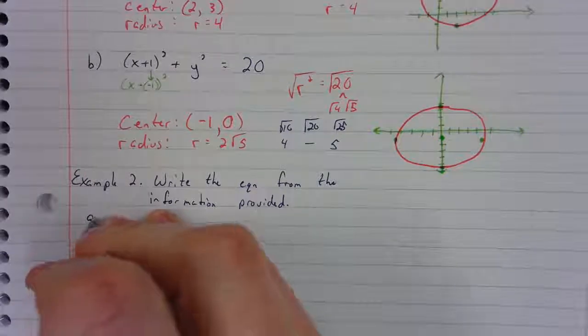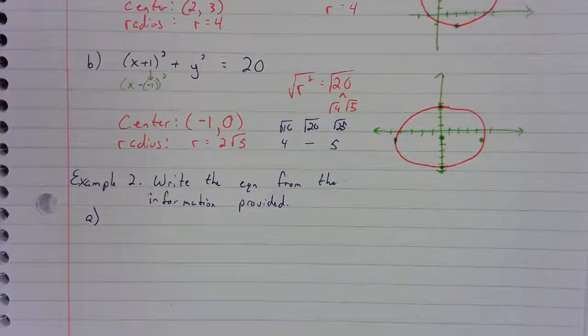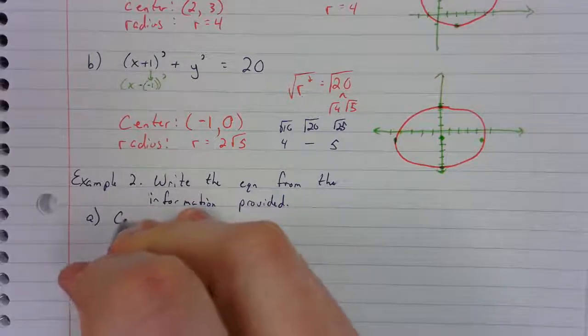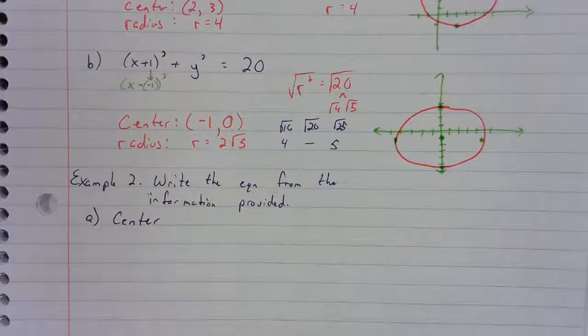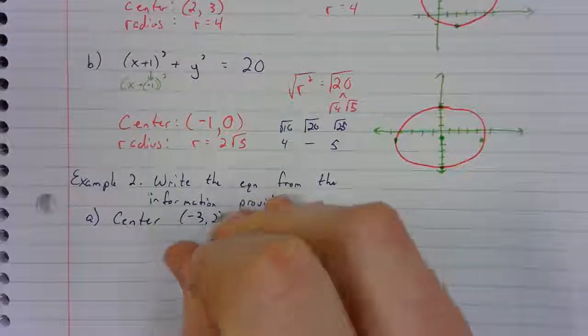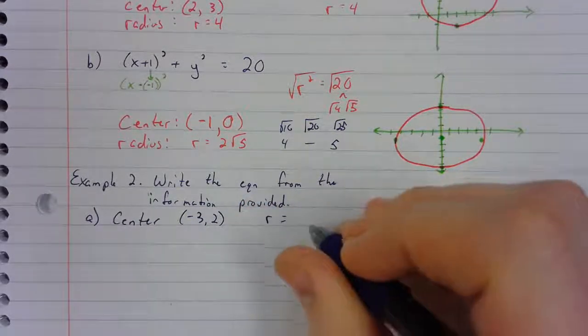Example A. Make this one pretty easy. Tell you the center is at -3, 2, and the radius is equal to 2.